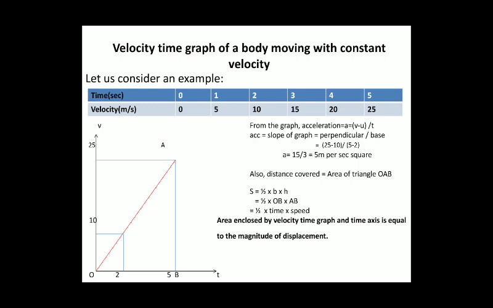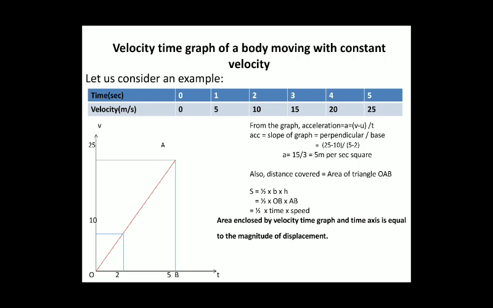Similarly, if you calculate the area of triangle OAB, that is half into base into height. Base is OB, height is AB. OB is giving us time and AB is giving us velocity, because it is parallel to the y-axis. Half is a constant. Again the term speed into time is there.